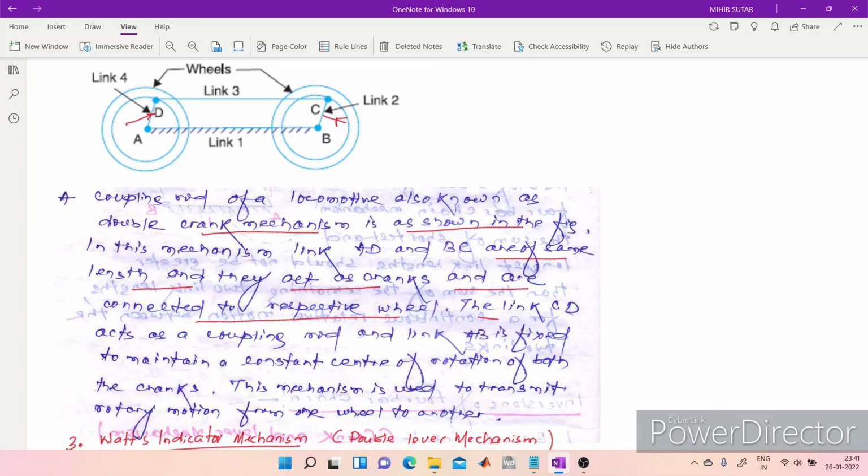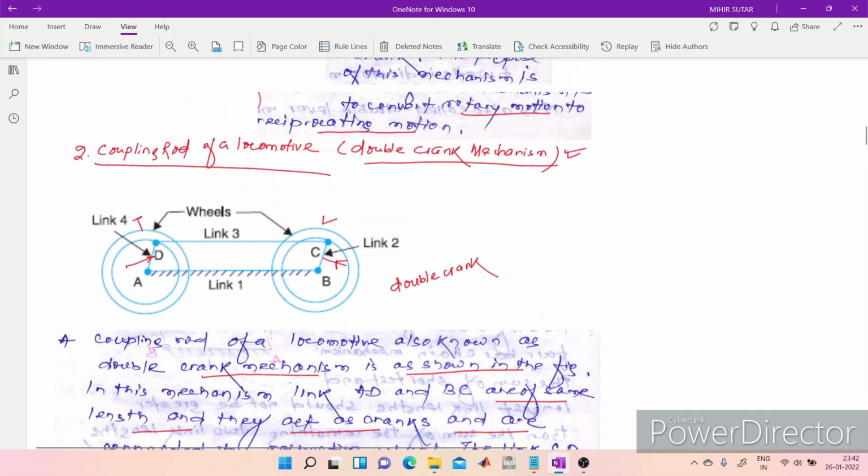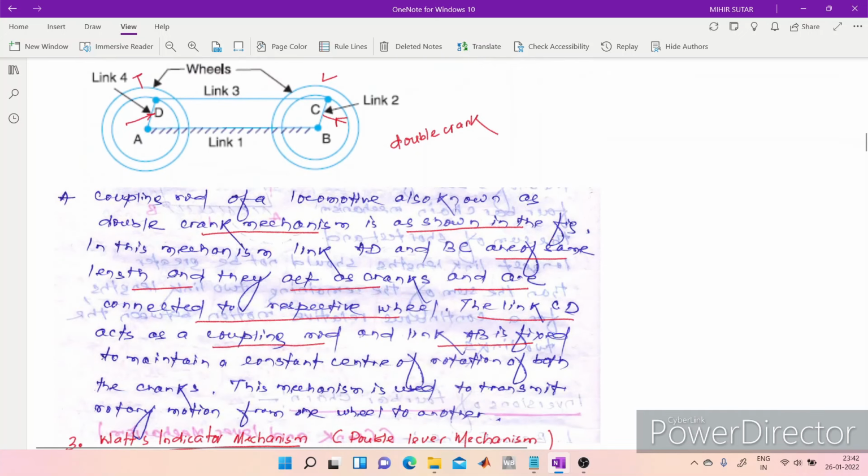The link CD here is acting as a coupling rod, and link AB is fixed. So this coupling rod is connected to both the leading and the trailing wheels. Because of the presence of two cranks, it is known as double crank mechanism.